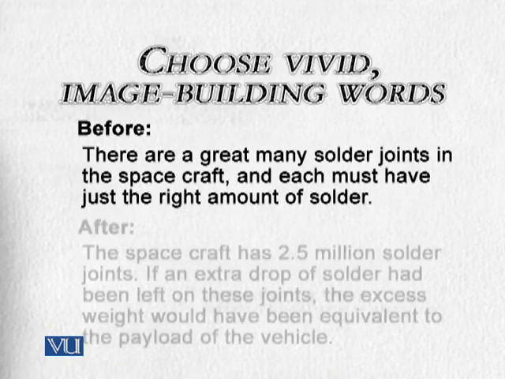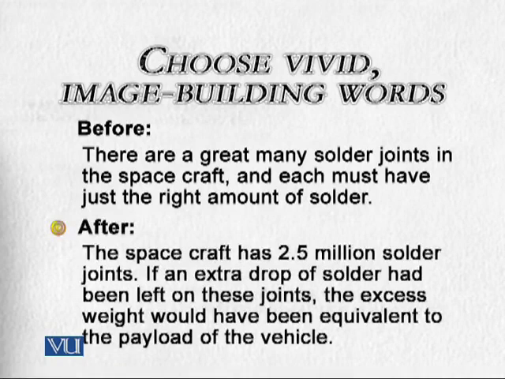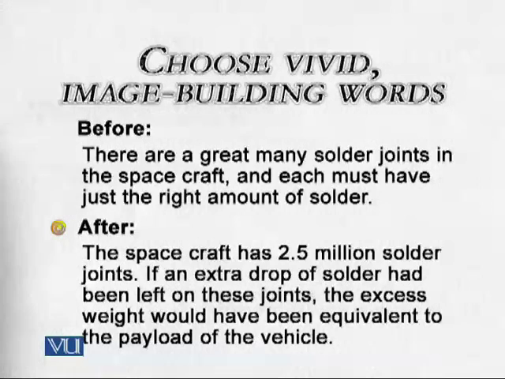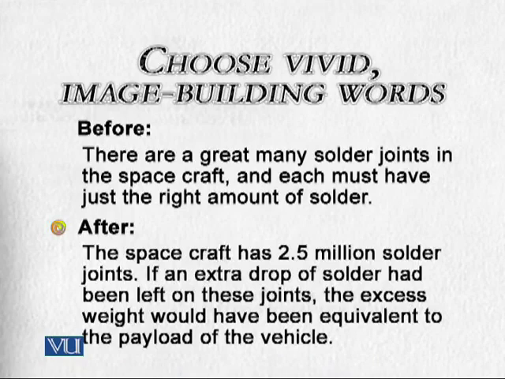Take a look at its second version. The spacecraft has 2.5 million solder joints. In the actual version, it was many, and many we translated into 2.5 million solder joints.